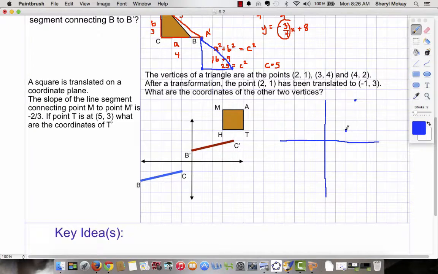Is that right? 1, 2, 1, and 1, 2, 3, 1, 2, 3, 4, and then (4, 2). Yes, so that's my triangle, all right? And I can actually connect the lines if I want.